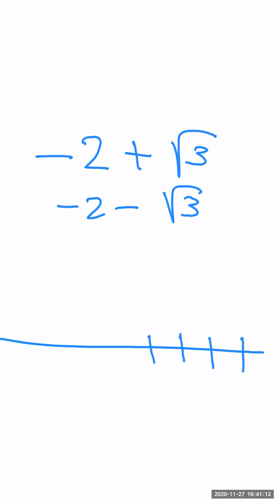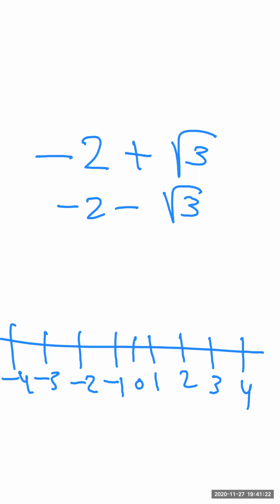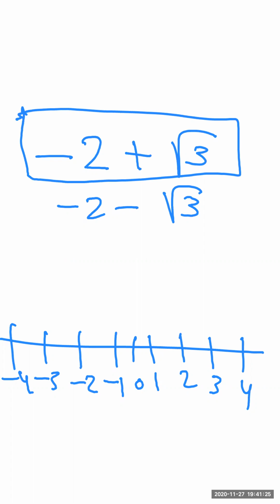Just 1 second, guys. Let me clarify to you. If this point is 0, 1, 2, 3, 4, -1, -2, -3, -4. In the first case, it's -2, so I have to start from -2. I don't care whether the square root is positive or negative. So in the first case, I draw the side like this, then fix the compass here and concentrate here.